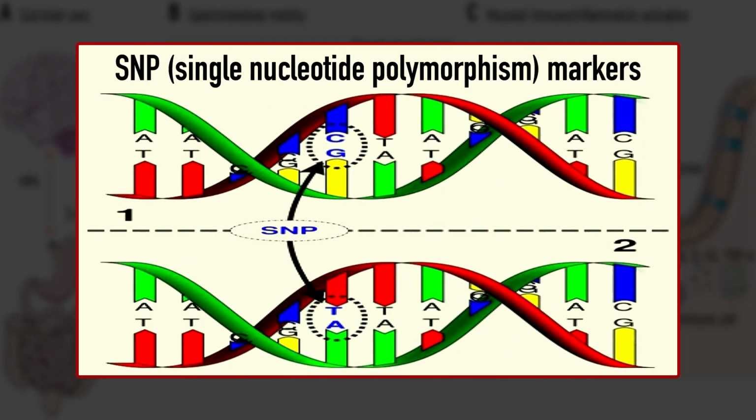For example, some DNA molecules in the same population may have a TA base pair at a particular nucleotide site, whereas other DNA molecules in the same population may have a CG, that is cytosine-guanine, base pair at the same site. This difference constitutes an SNP.